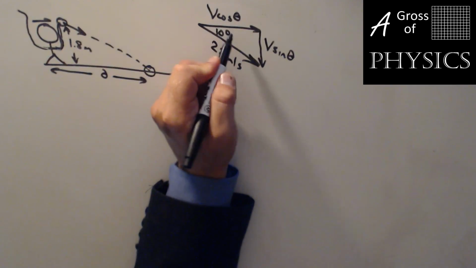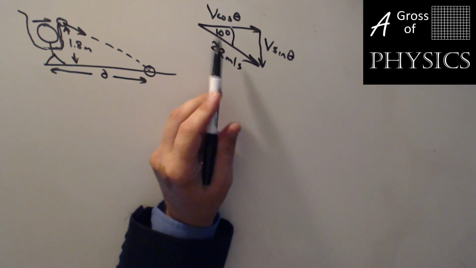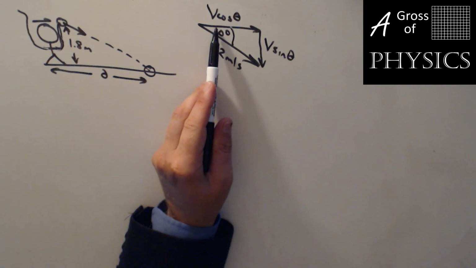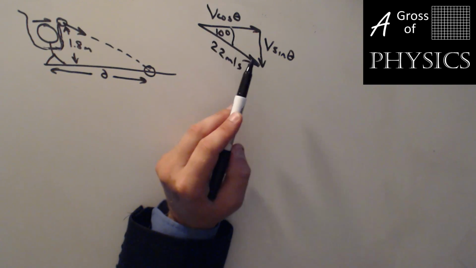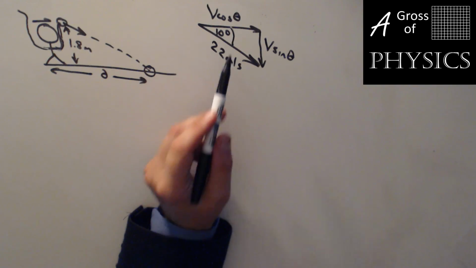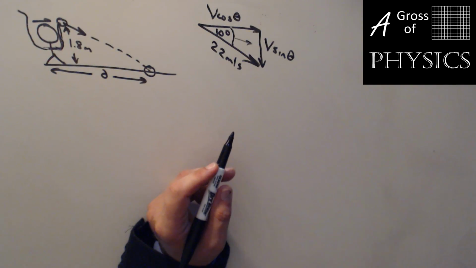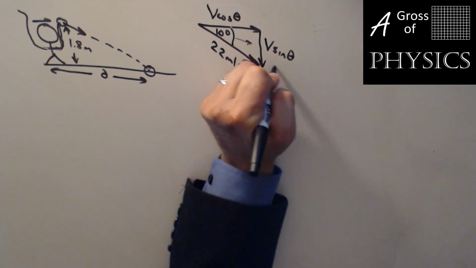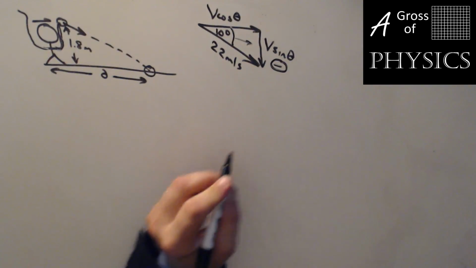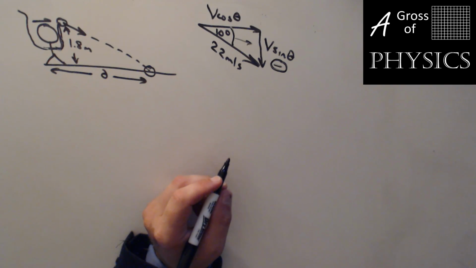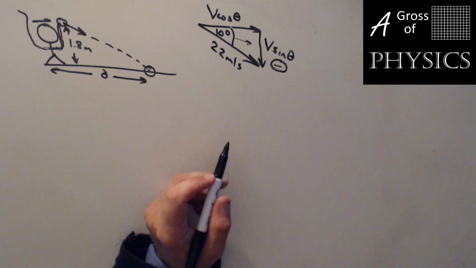That doesn't affect the sine and cosine because the 10 degrees is still touching the adjacent here, which is the x-axis, which means I'm going to use cosine for the x, and I'm going to use sine for the y because it's opposite the 10 degrees. However, that's going to make this y component a negative value, and that will change how the roots are formed when we do our quadratic in a little bit.